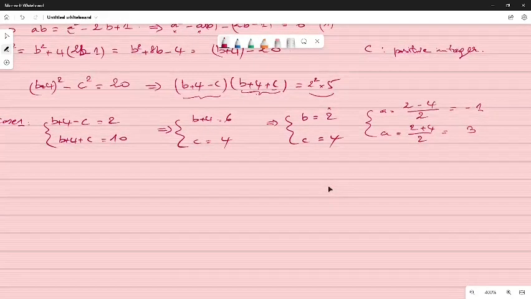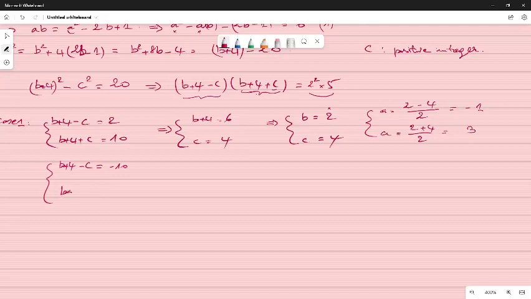And the other case here is b plus 4 minus c equals minus 10, and b plus 4 plus c equals minus 2. Remember that this quantity is smaller than this one, and they must be both even, and their product is 20.